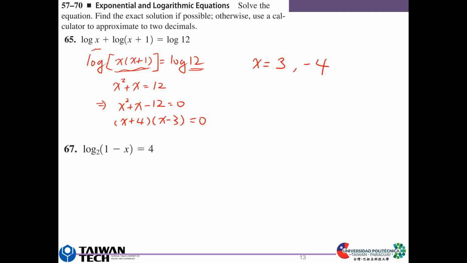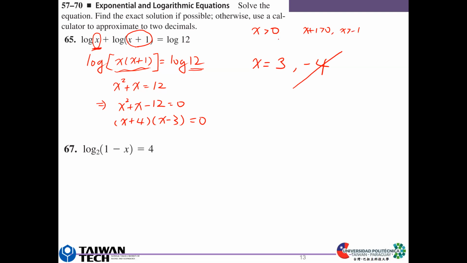However, what's inside the log must always be larger than 0. So x needs to be larger than 0. Okay, so we erase minus 4 because we need x larger than 0, and x plus 1 larger than 0, which is x larger than minus 1.